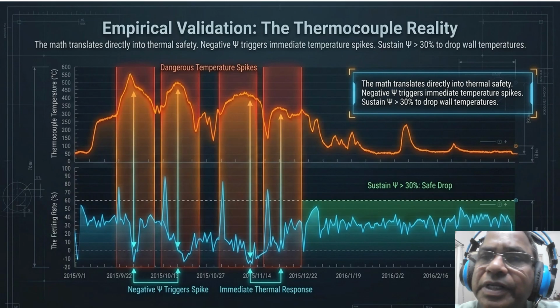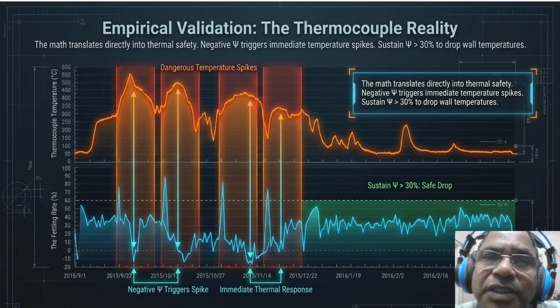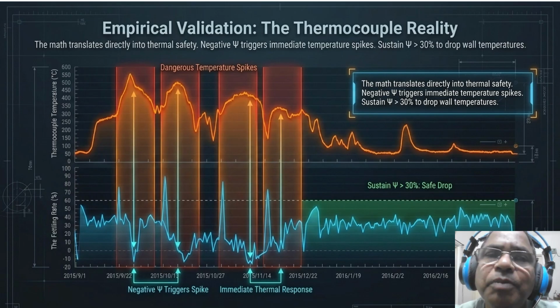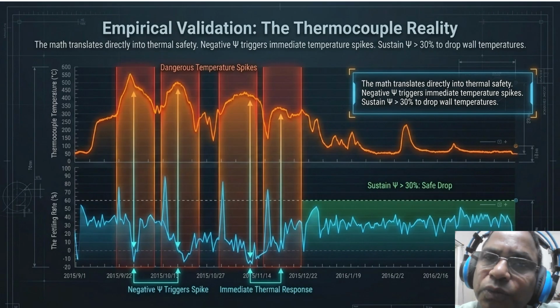Every time the fettling rate drops into the negative, we see a dangerous temperature spike shortly after. Now look at the green shaded area. By sustaining a fettling rate above 30%, we trigger a safe drop where wall temperature decreases and stays low.